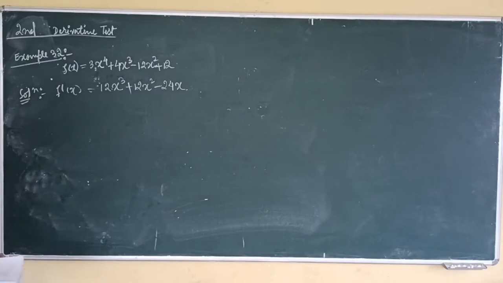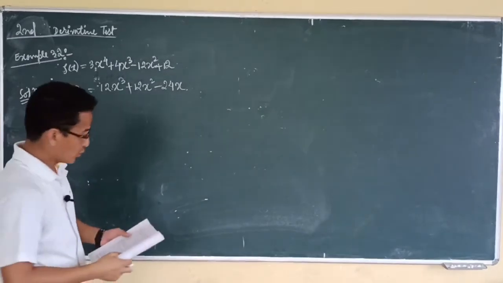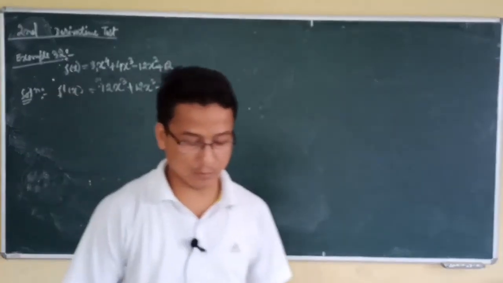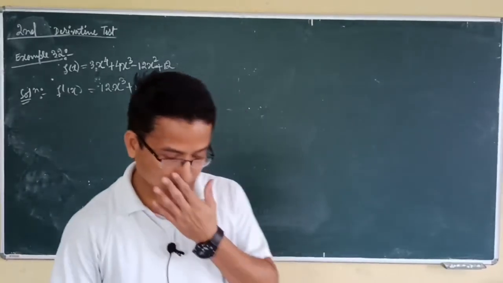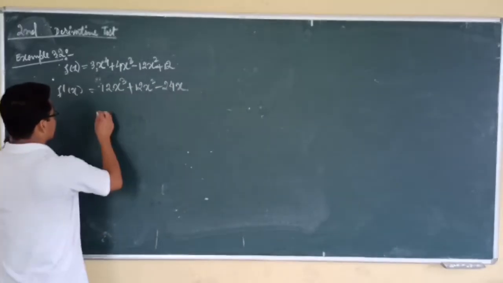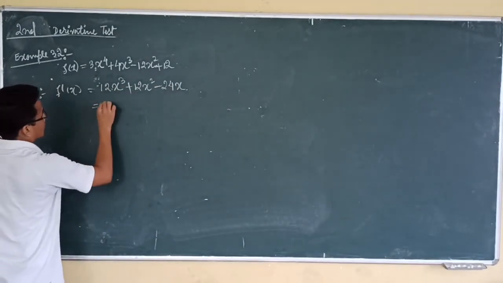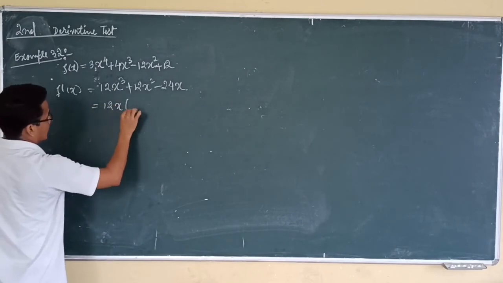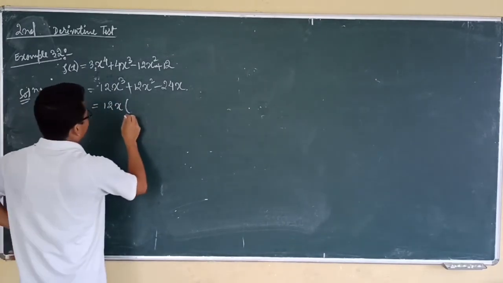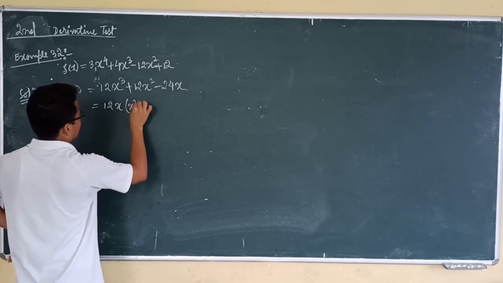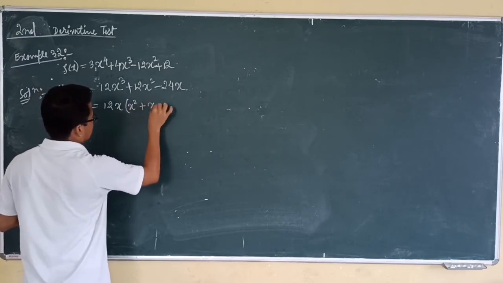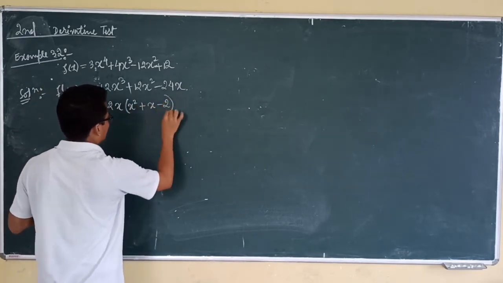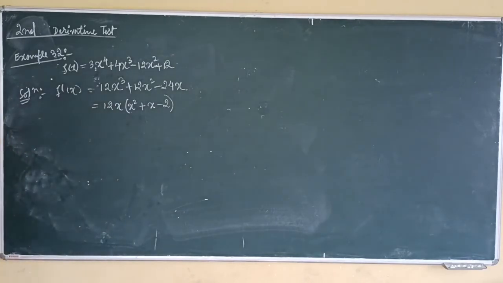So we are taking 12x common. Then what we will get is x square plus x minus 2.